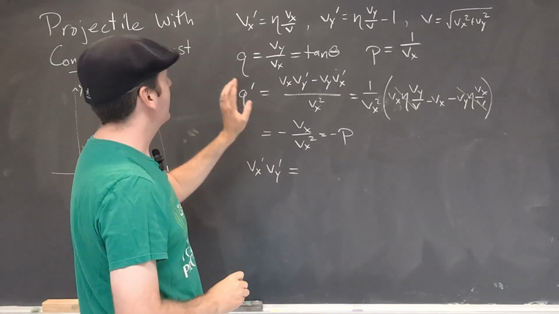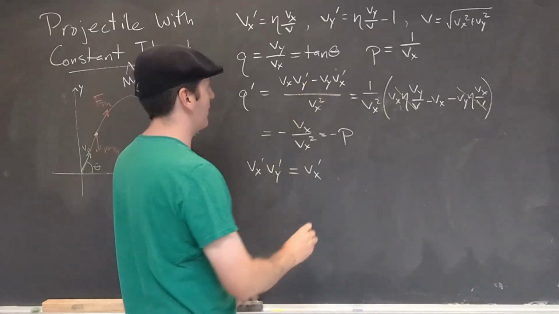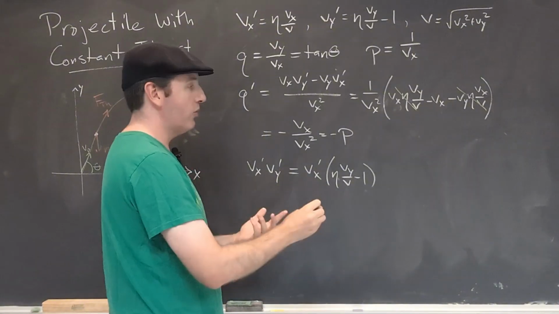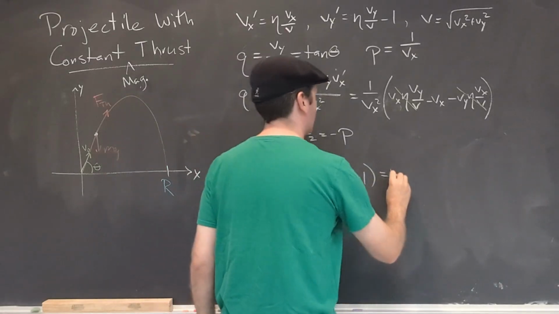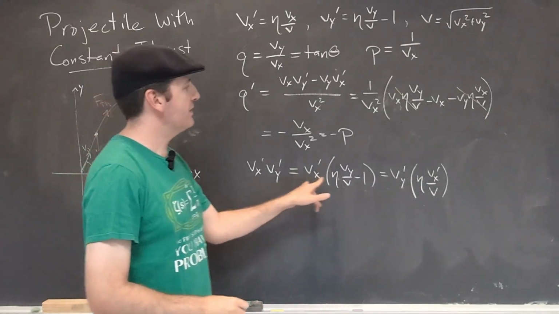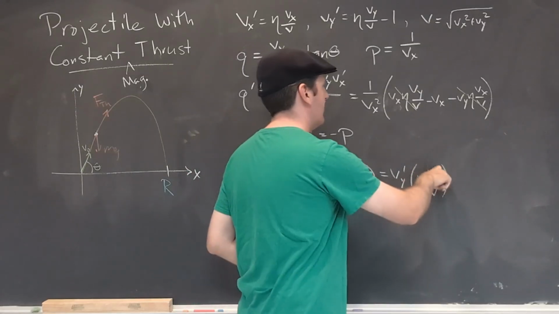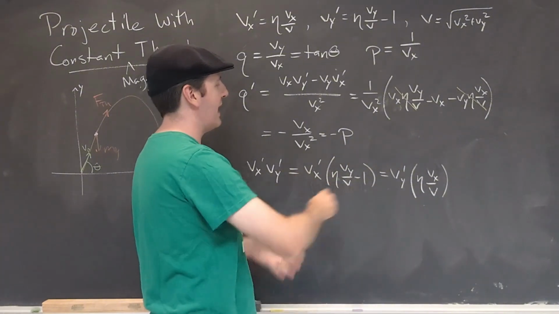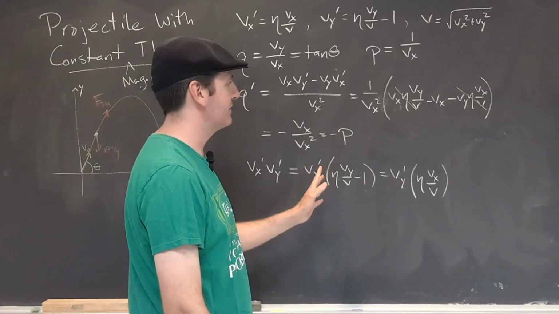First of all, I can take Vx prime and I can multiply it by Vy prime. Or I can leave the Vy prime and multiply by Vx prime. Because these are equal to each other, I can kind of subtract them in a particular suggestive pattern and move some stuff around.